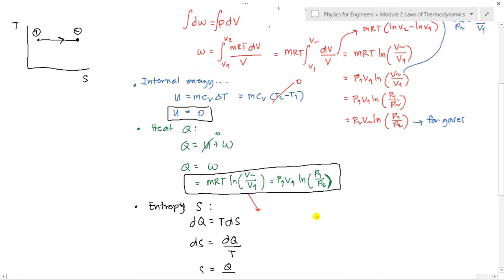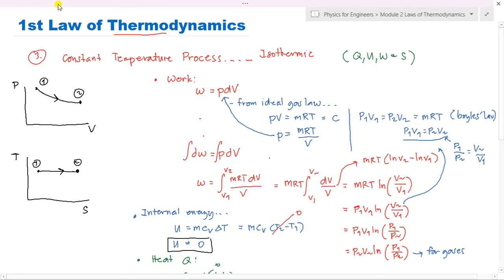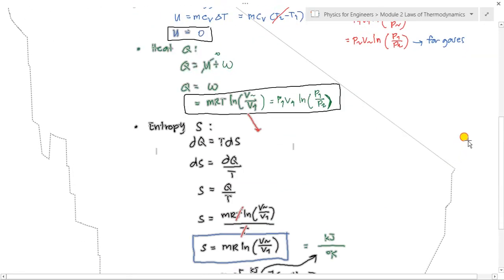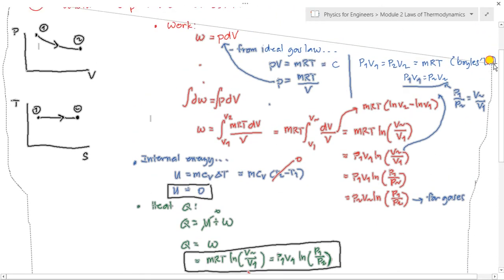So no questions. Let's proceed to the last process, which we call adiabatic or isentropic process.